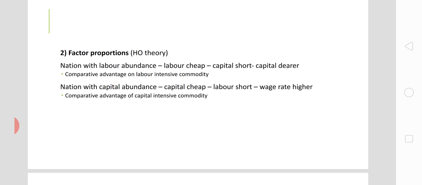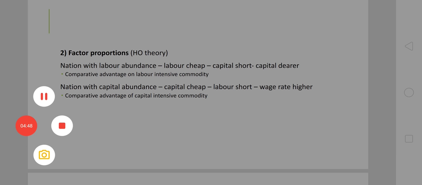Similarly, the United States as a capital surplus nation can specialize in capital intensive commodities like aircraft manufacturing. So the United States has capital abundance, the price of capital will be cheaper there, so they can specialize in capital intensive commodities like aircraft manufacturing.